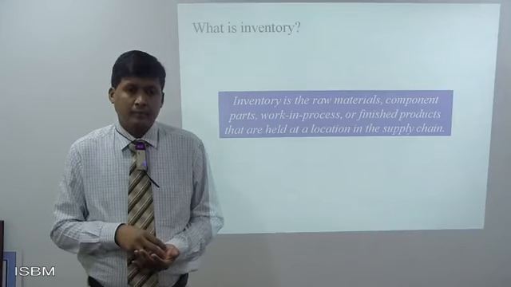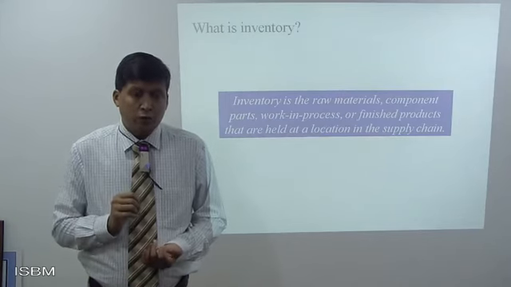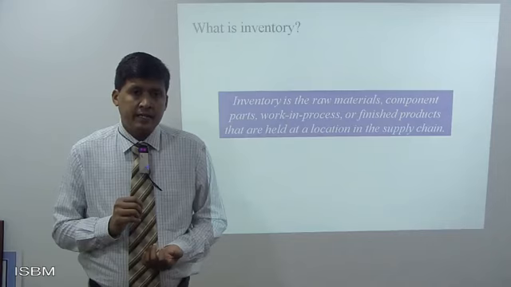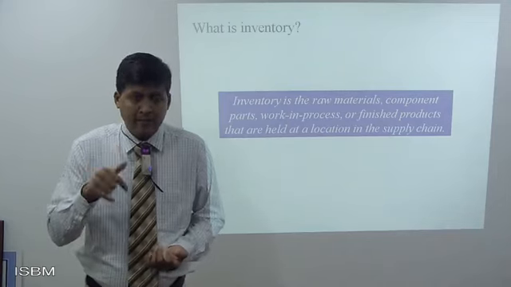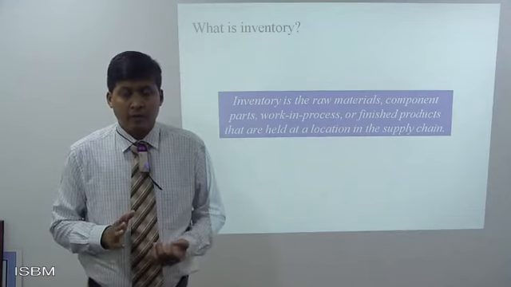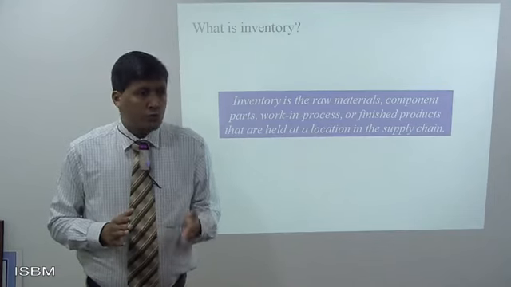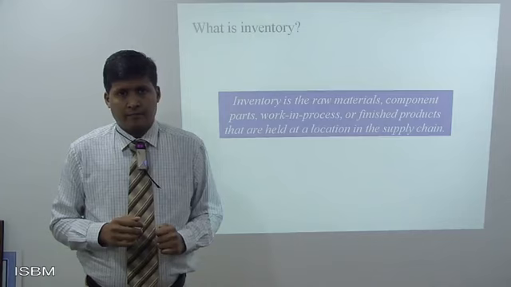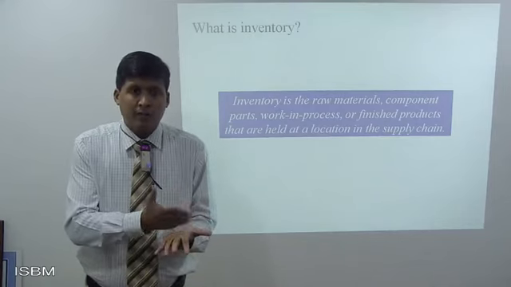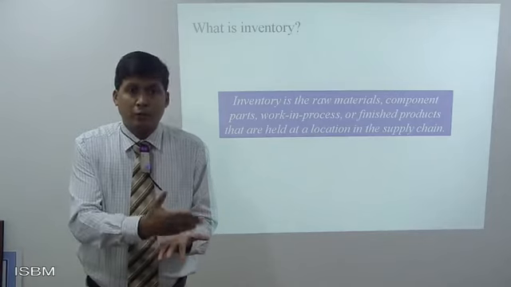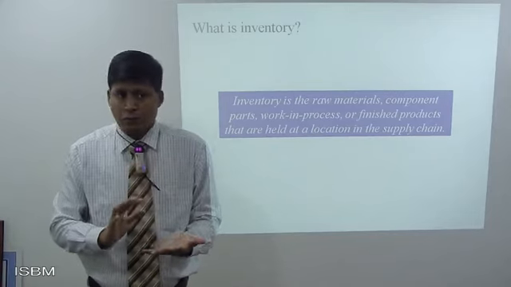Now, friends, also important to notice, inventory is not just the finished product. In this example, I spoke about finished product, but it could also be raw materials. Raw materials to prepare the finished product could be partial products, it could be work in progress, it could be component parts, it could be any of those.